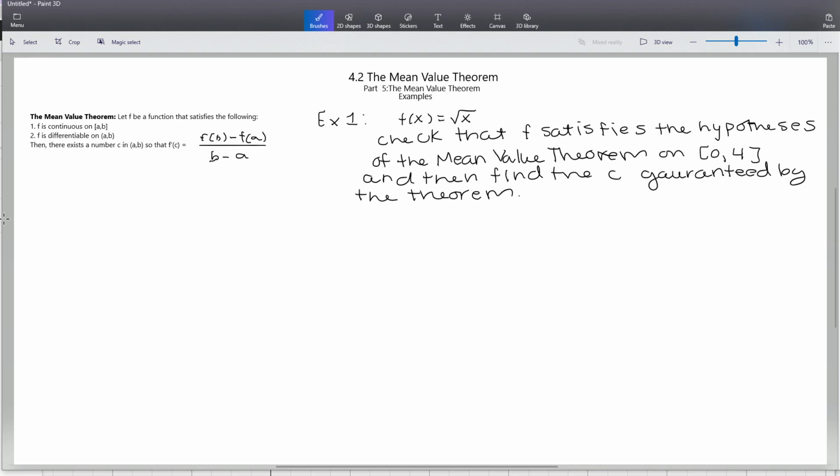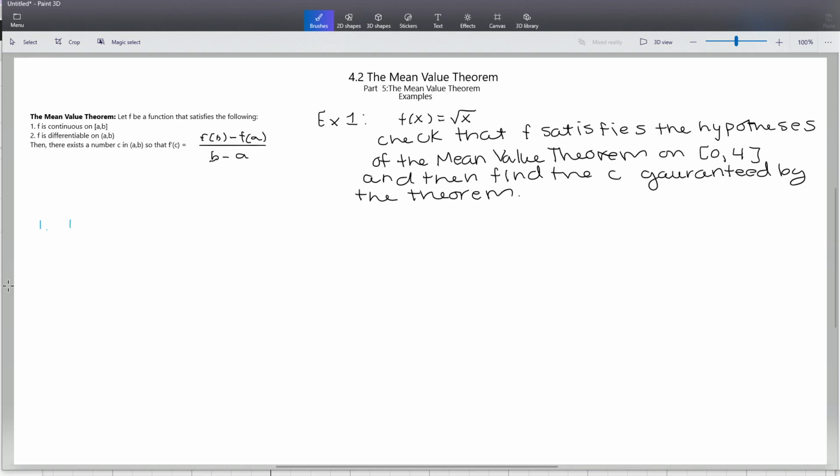We want to check that square root of x is continuous on the interval a, b. Now, we know that square root of x is continuous on its domain, but that's not really what you want to say. A lot of functions are continuous on their domain. We need to be specific about what that means for this function.